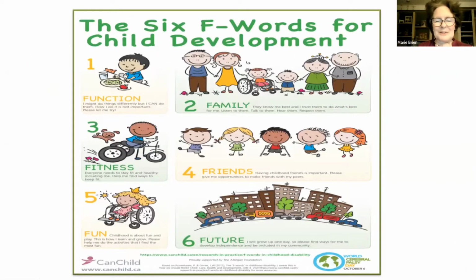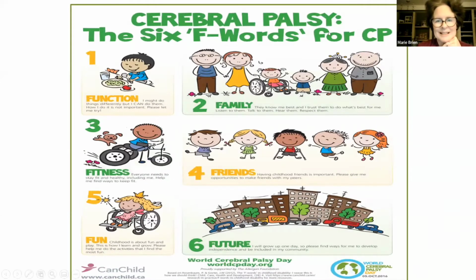And again, there are various versions of these posters. This one was done for the World Cerebral Palsy Day. It's on the World Cerebral Palsy Day website. So the 6 F words for child development. And this one is the 6 words for cerebral palsy.